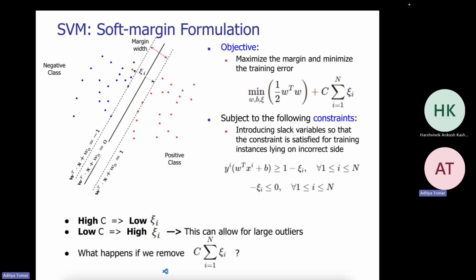I am not proving this; it will take another one or two classes, so I'll provide you the pointers. The concept of primal-dual always says the optimal solution we get using the dual will always be less than or equal to the optimal solution we get using the primal. But weak duality holds if d star is less than or equal to p star, or you can say d star is less.